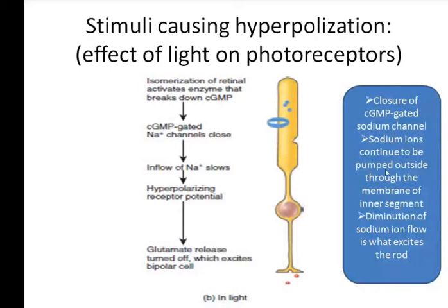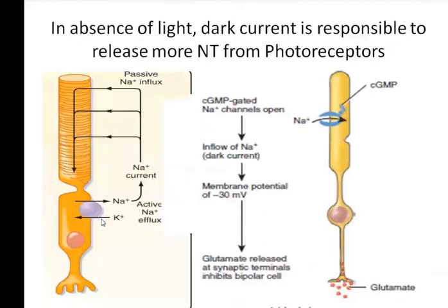I told you the light will have impact on the outer segment, because the rhodopsin pigments are there, but light is not having impact on the inner segment. So there is the closure of the channel when the light strikes.